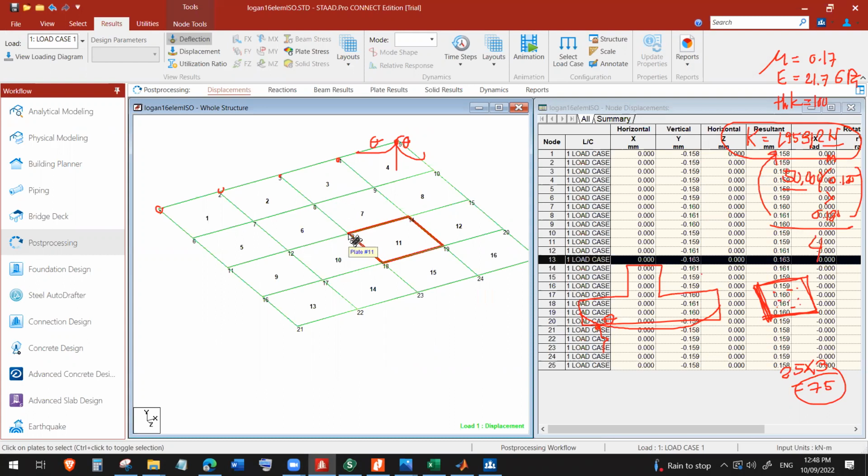Remember, for design purposes, once you get the base pressure at a certain location, you will compare that with the allowable soil bearing capacity. So that's the purpose of obtaining the base pressure.